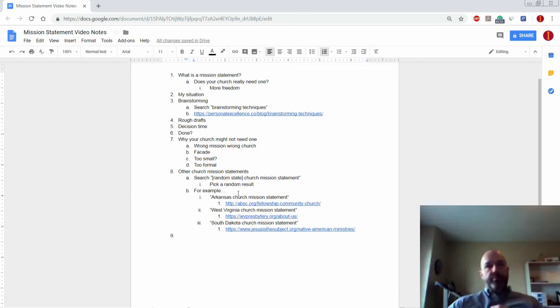So what I did here is real simple, and it's just a technique that you might use. All I did was search for random state, pick a state of course, and just search random state church mission statement. I don't think Google would know what to do with that, or whatever search engine you use.